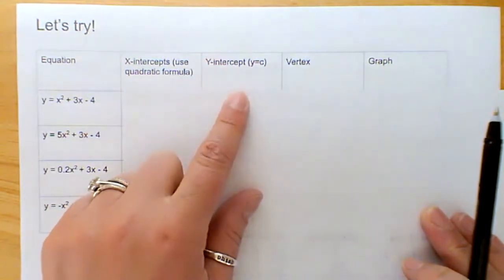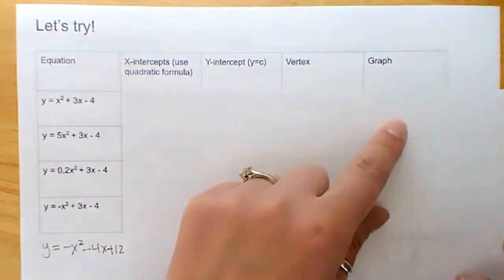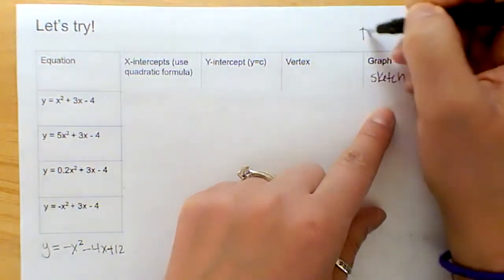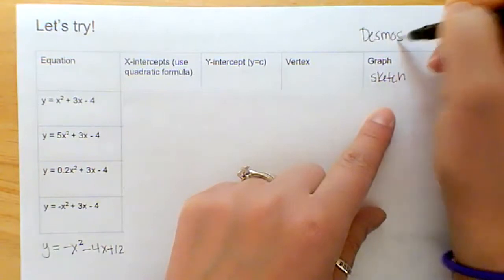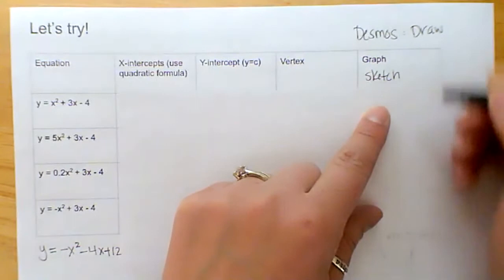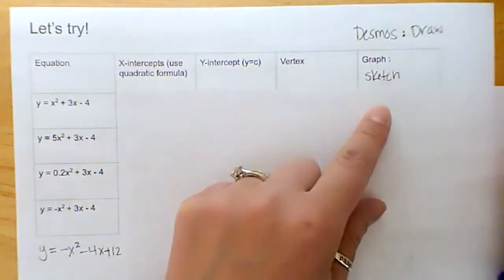The y-intercept, that was the second. The vertex. And then we're going to be doing a sketch of the graph. We're actually going to use Desmos to get the nice drawing of the graph. So Desmos will draw the graph for you, and we're just going to be sketching it here.